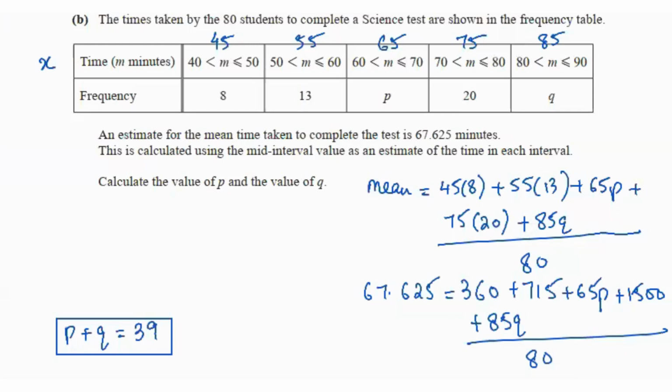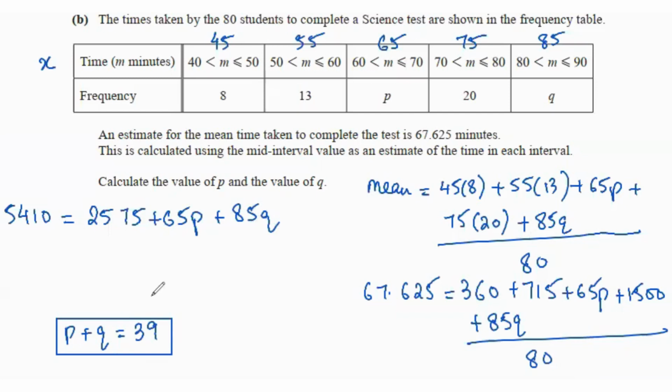So we do 67.625 times 80 to get rid of the fraction, which is 5410. And we do 360 plus 715 plus 1500, which is 2575, plus 65p and 85q.